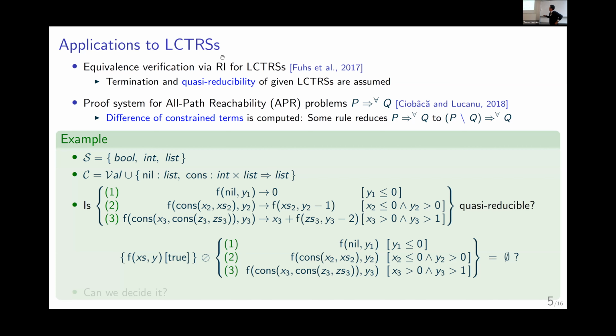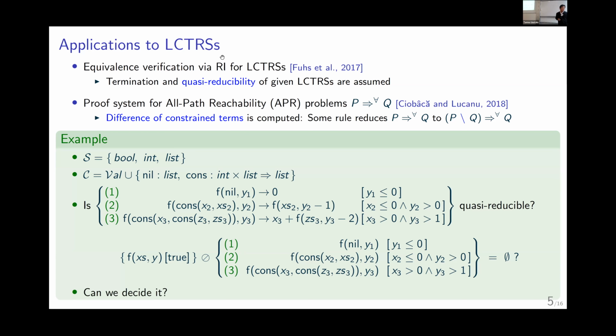And to answer this question, we would like to compute the difference of this set and this set. The first one is all ground patterns, and the second one is defined patterns, and then we compute the difference of these patterns and check emptiness.